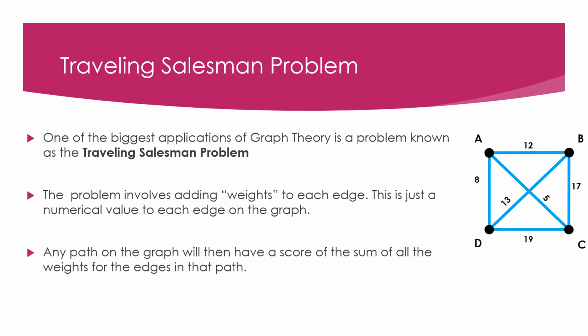And any path on the graph is going to be given a score, and that's just the sum of all of the edges in the path. So in this case, A, B, C, D, A has a score of 12 plus 17 plus 19 plus 8, which is 56. And again, the circuit we've made is, well, that's just the exterior square.